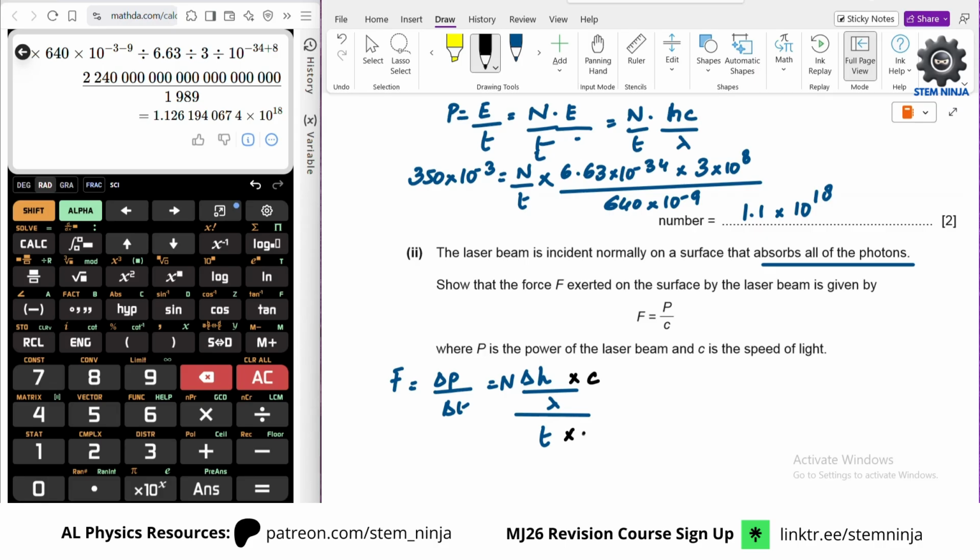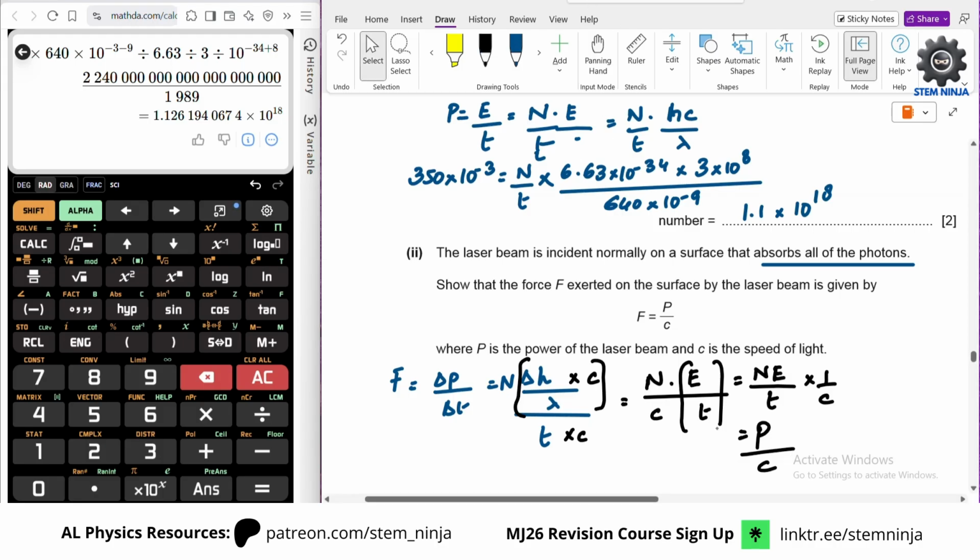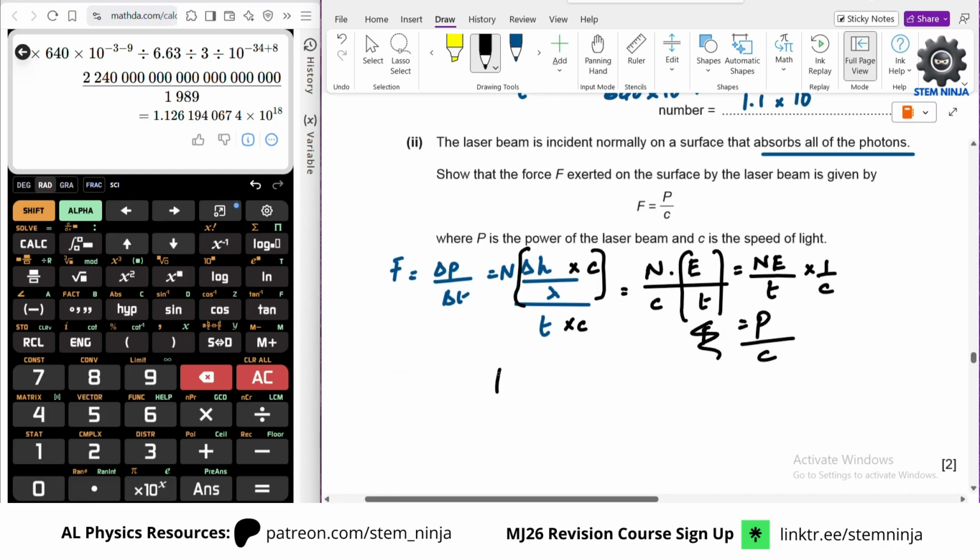So if you multiply by c on numerator and denominator, this becomes n times energy over t c, and E over T is power, so n times E over T divided by c is basically total power divided by c. So F is equal to P over c.